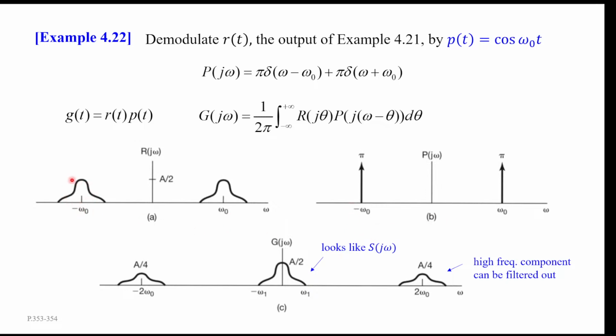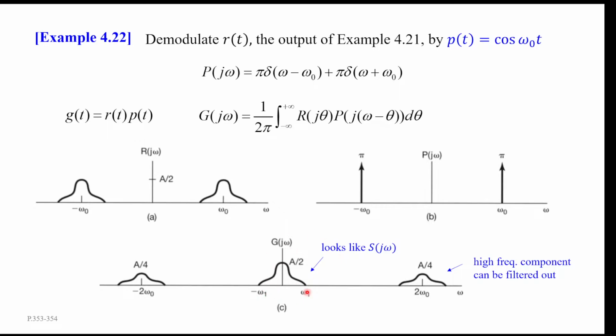Then this signal was split into two with height 1 over 2, so 1 over 4 at minus 2 omega naught and 1 over 4 at 0, and this one was split into 1 over 4 at 0 and 1 over 4 at 2 omega naught.